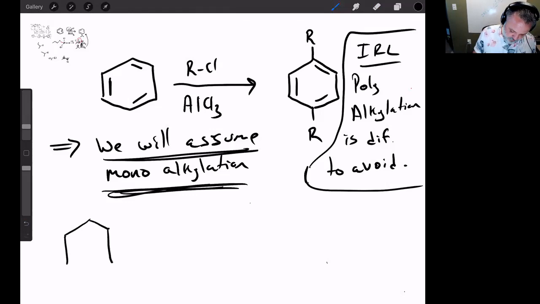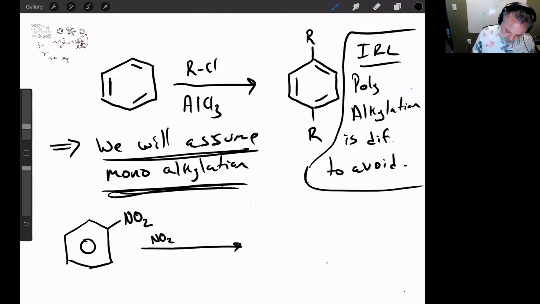Another real life problem that we can't avoid, and we won't be avoiding it in this class, is that nitro groups are electron donating, or excuse me, electron withdrawing. And not only are they electron withdrawing, they're very electron withdrawing. And electron withdrawing groups are very deactivating.